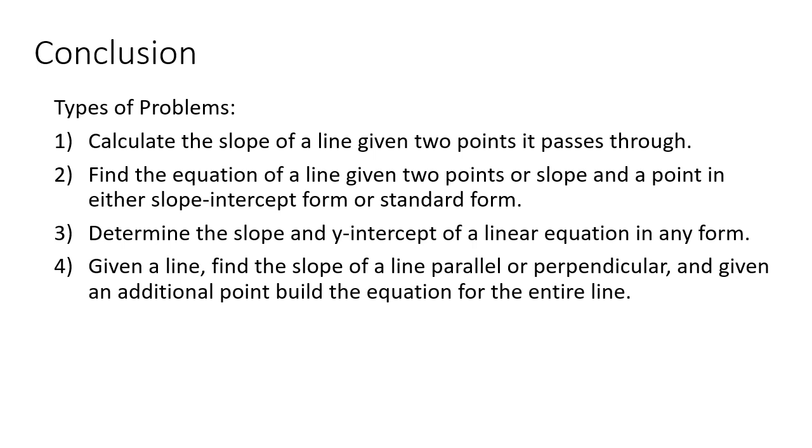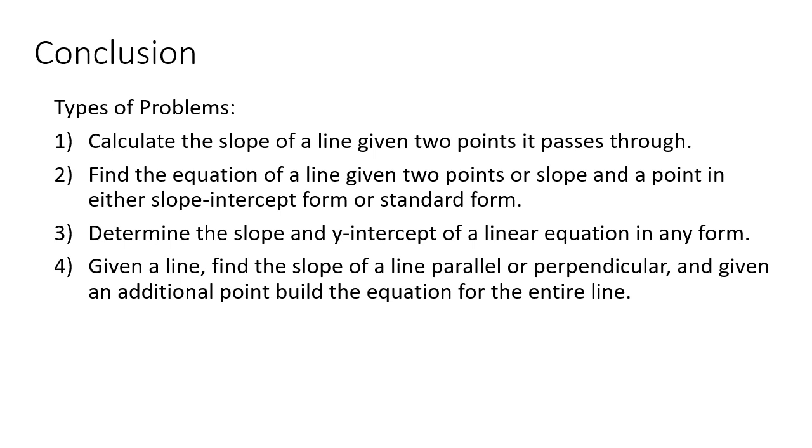So there's a lot of information with lines here, and it trips a lot of students up, especially once you get to the parallel and perpendicular, and they start adding a lot of information at once in a single problem. So let's try to break it down. Types of problems in this section: given 2 points, you should be able to do rise over run in order to figure out what the slope is.